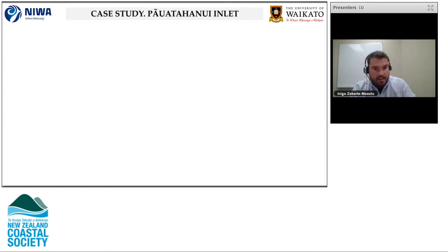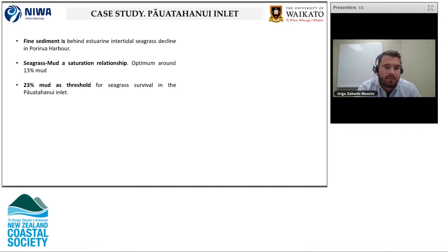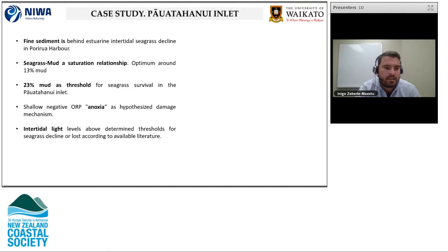So the main highlights of this case study are that fine sediment is behind estuarine intertidal seagrass decline in Porirua Harbor, that seagrass and mud follow a saturation relationship with an optimum of 13% mud, and that we didn't find a substrate with more than 23% mud with seagrass growing on it. Our hypothesis is that anoxia is the main damage mechanism.